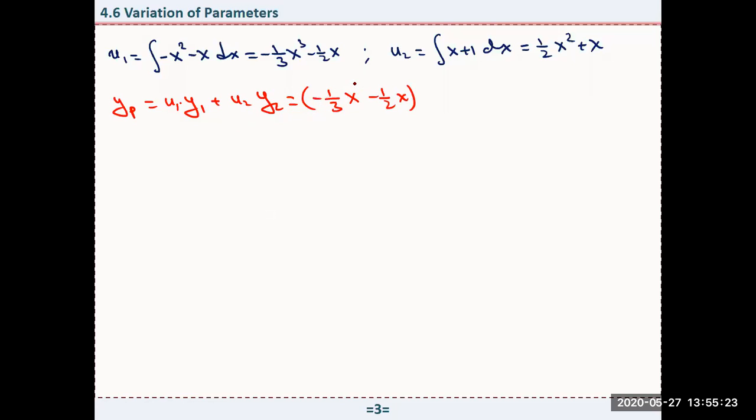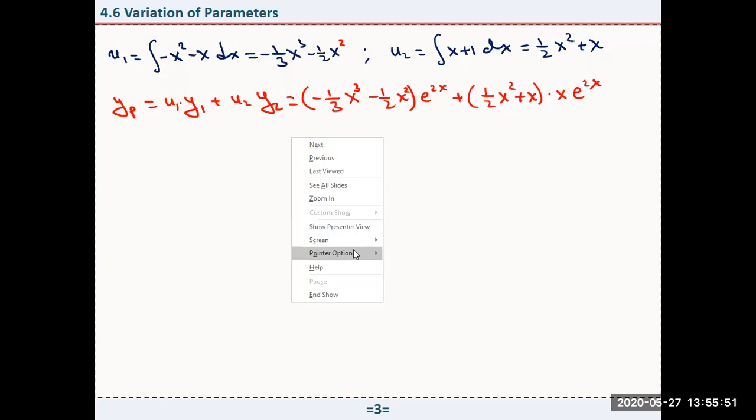Times y sub 1, that is e to the power 2x, plus u sub 2, that's equal to 1 over 2 x squared plus x, times y sub 2, that is x times e to the power 2x, right? So we get the particular solution.